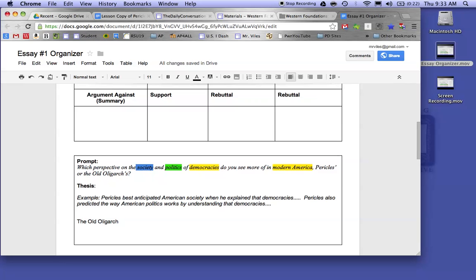And we're going to find out which was right because they spoke in ancient times, and we're going to look around at our modern democracy and see which of them had the best predictions about what would happen. So if we're writing this, we say the old oligarch, and I'm going to put here best understood.